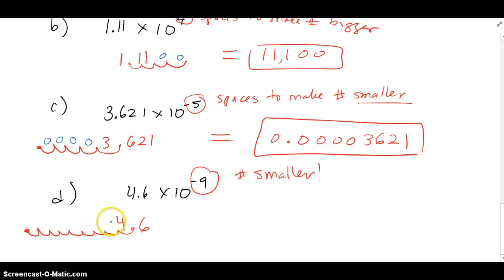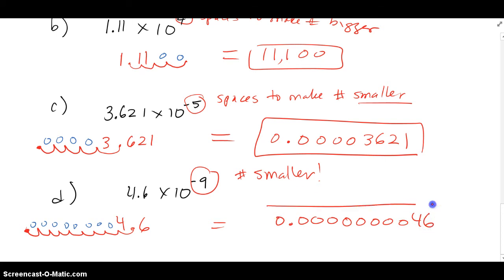And I fill those guys in with zeros. So the number I must have started off with originally was 0.12345678446 was the original number. So again, the goal is to take a long string of digits and put it in a more manageable form is what we're dealing with here.